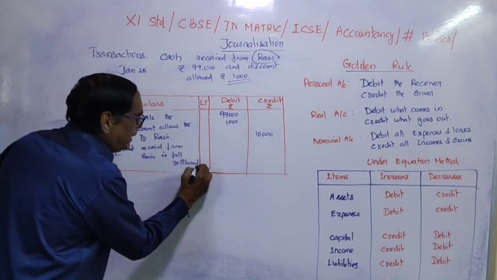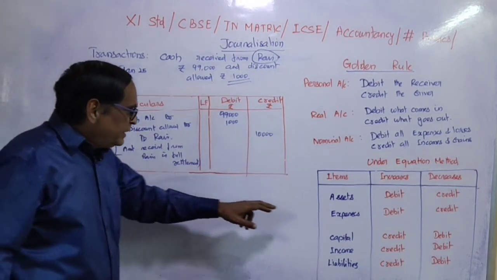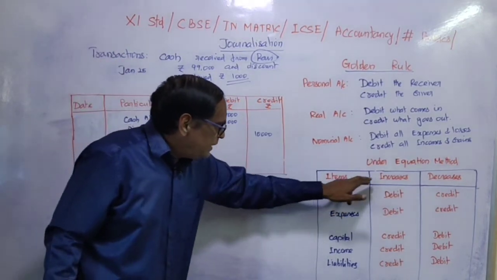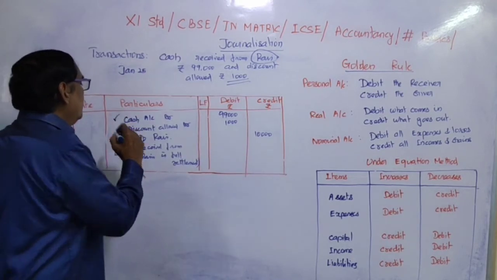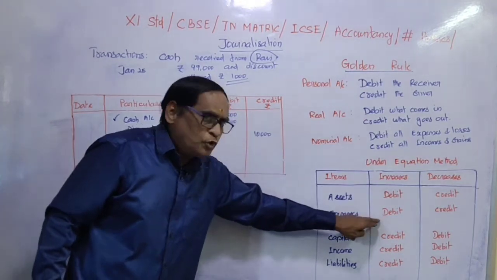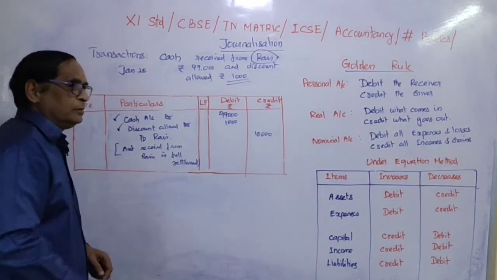We can apply the equation method. Cash is an asset. Because it is coming inside, our cash balance will be increased. So increasing asset is to be debited, so cash account should be debited. Discount allowed is an expense. If expenses increase, it should be debited. So here discount allowed is also to be debited.